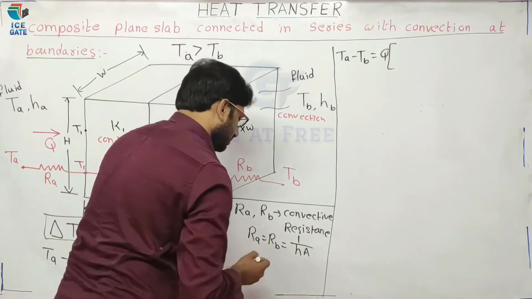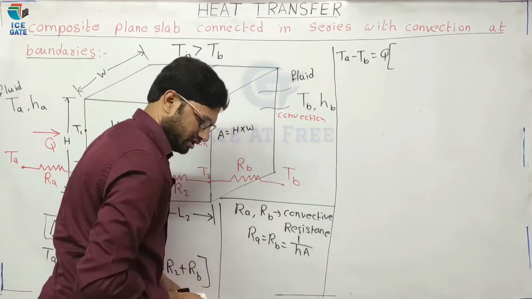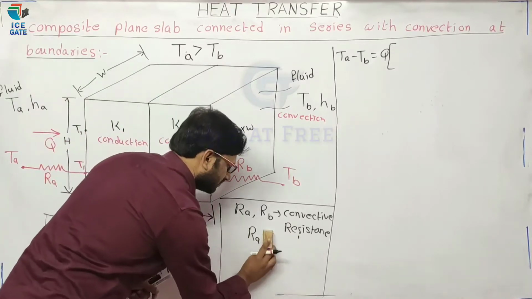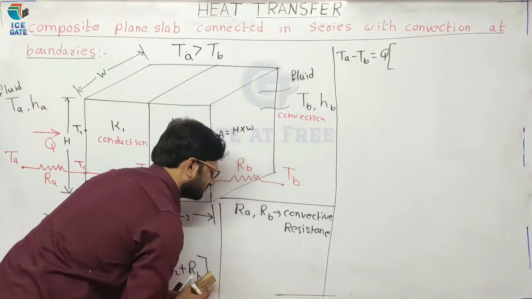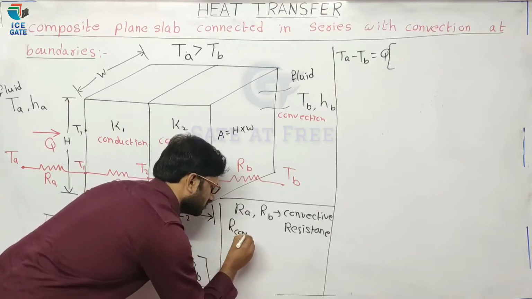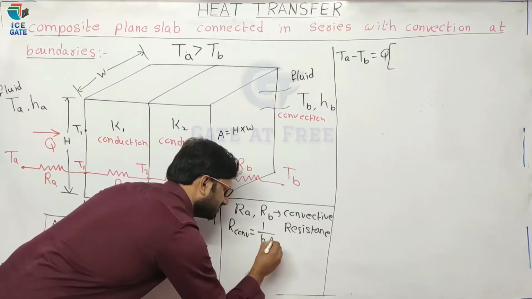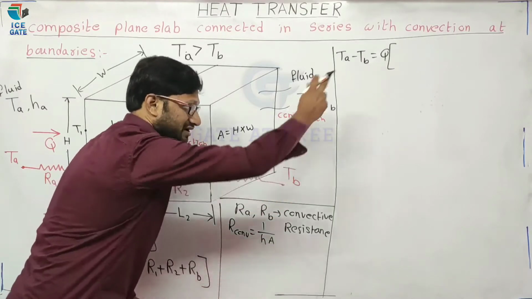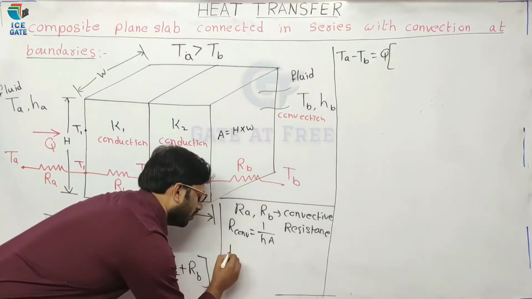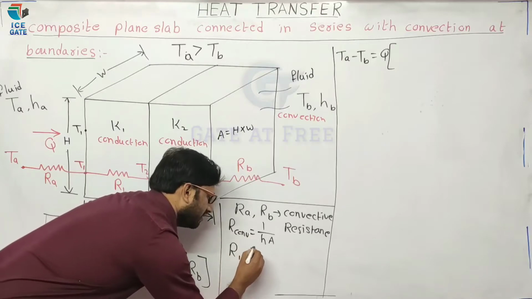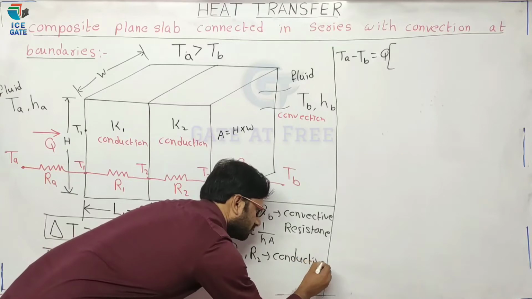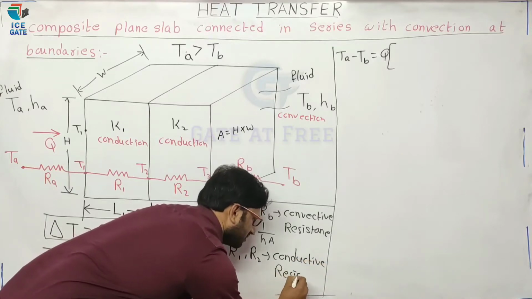Okay. We know that convective resistance formula is 1 by H area. Now RA, I will write there. Now what are conductive resistance? R1 and R2 are conductive resistances.